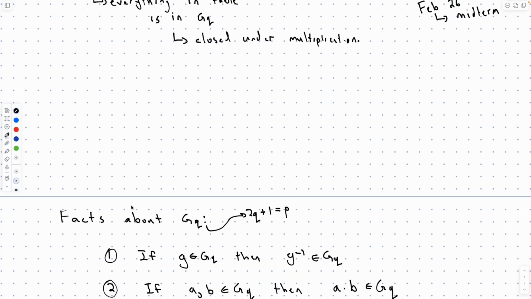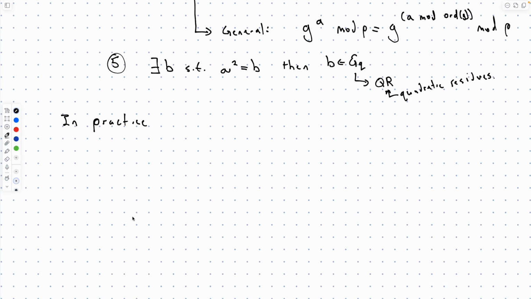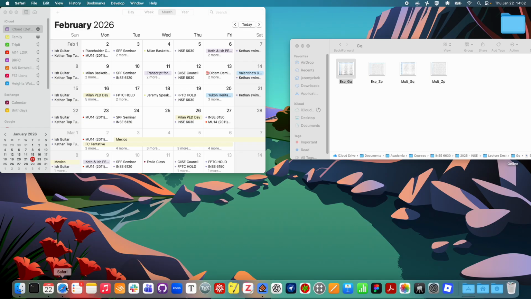Let me say a bit about this in practice, and then I'll turn to what we want to do, which is called the discrete log problem. Are you sure the reading week is that late? I'm pretty sure. I checked it a million times for my other class, but we can check it together.